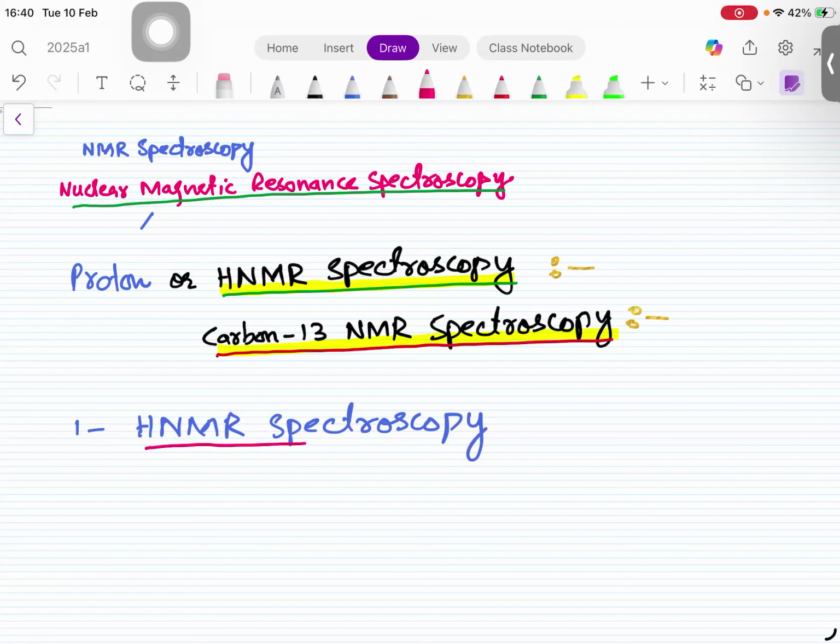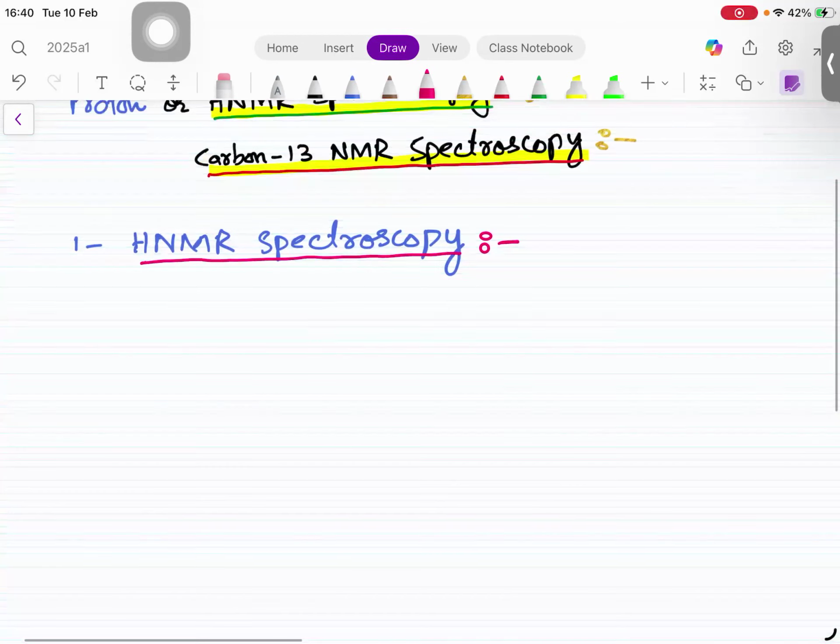First, I'm going to give you the basics about it. Then I'll let you know how it is used to determine the structure. We are going through the spectroscopies now. First, nuclear magnetic resonance spectroscopy is proton NMR.